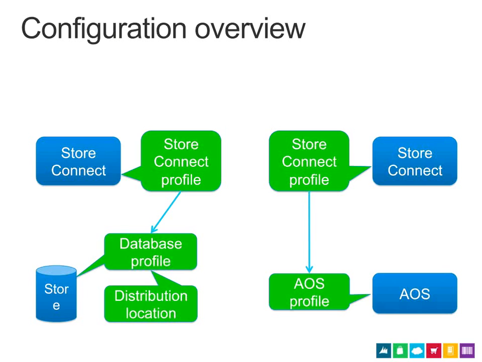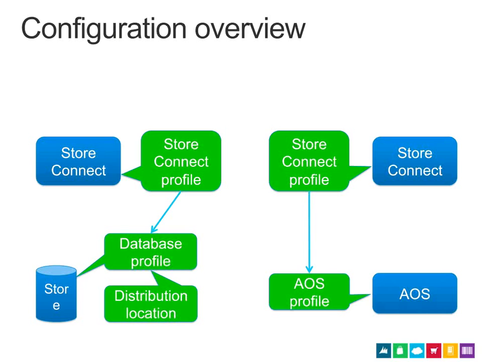And then from the distribution location, we go to the actual business entity of the store. So if you assign an assortment to a store, when we send it down, we go from the store, we look up the distribution location. From there, through the database profile, we figure out where the database is. And then the other thing that's associated to this database profile is the Store Connect profile for the Store Connect that is running out in the store.